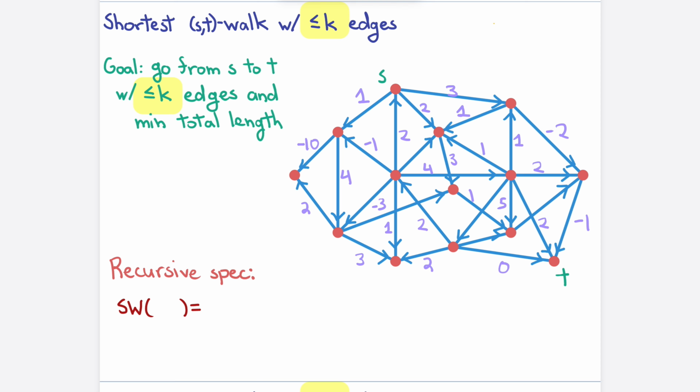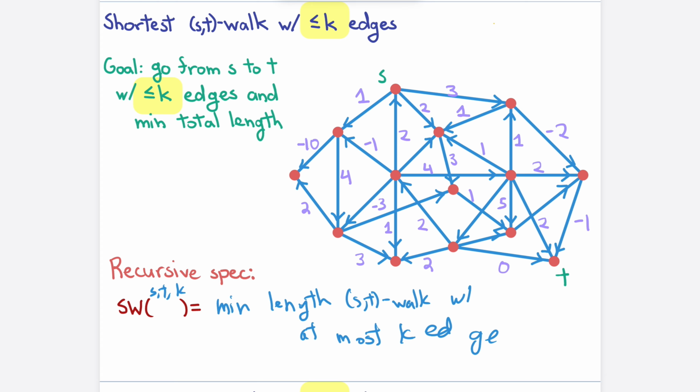So SW of S, T, K: the minimum length of an S-T walk with at most K edges, something like this.